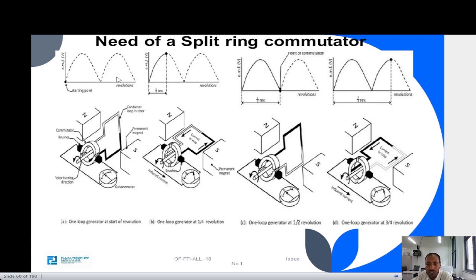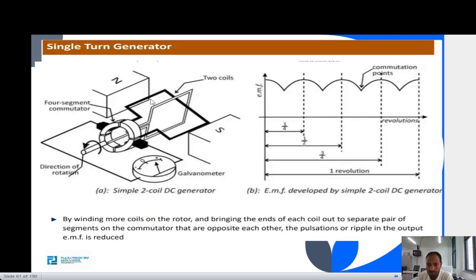How can we reduce this impurity? This signal is produced by one loop. If I add one more loop, say this black and the white one, I have two loops with four commutator segments of the split ring commutator.